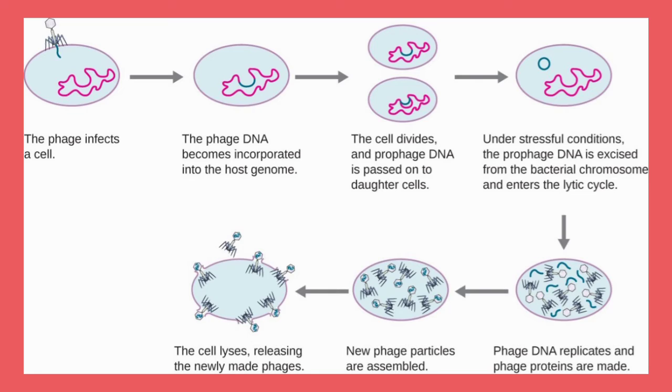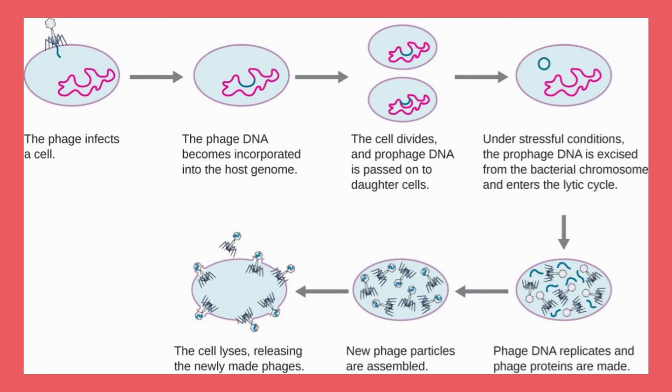The process in which a bacterium is infected by a temperate phage is called lysogeny. It is typical of temperate phages to be latent or inactive within the cell. Let's go to the first step of the lysogenic cycle. The phage infects a cell, and next the phage DNA becomes incorporated into the host genome.